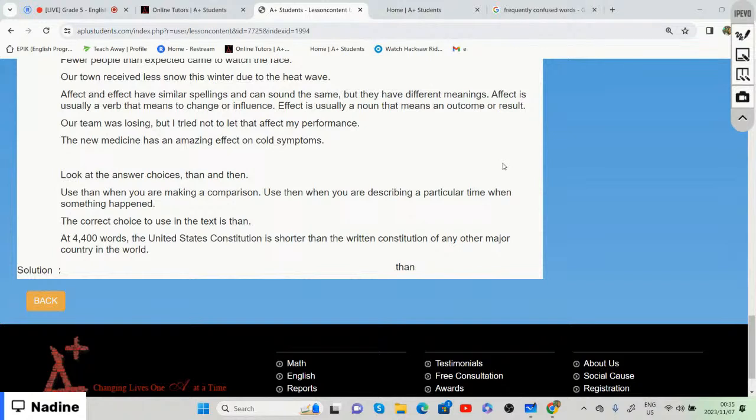So than is when we are making a comparison. And then is when we are, let's say, describing a particular time that something happened. So than is our correct choice of word in the text.